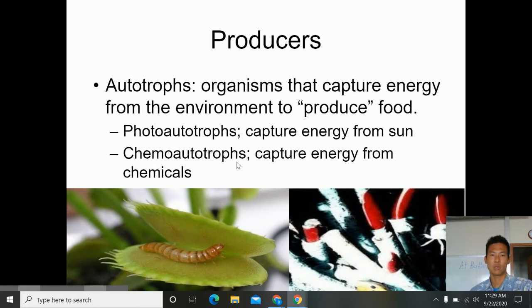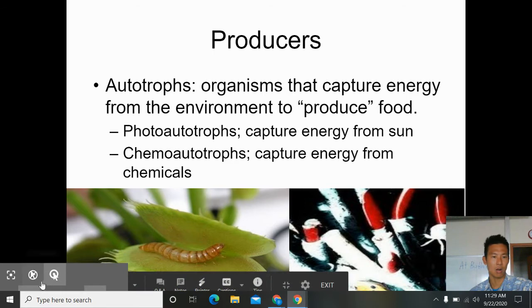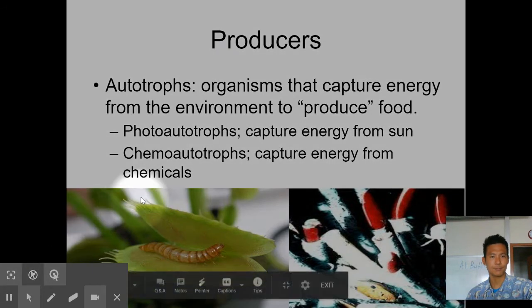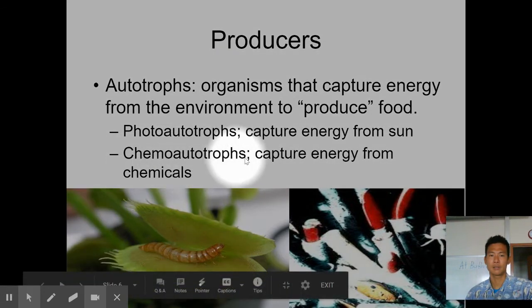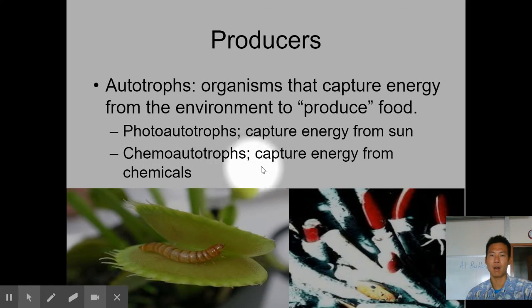Chemoautotrophs are the producers, or the autotrophs, that are found at the bottom of the ocean, in those deep sea hydrothermal vent communities. This is the extent that you need to know about chemoautotrophs: there are completely isolated ecosystems that do not need energy from the sun.